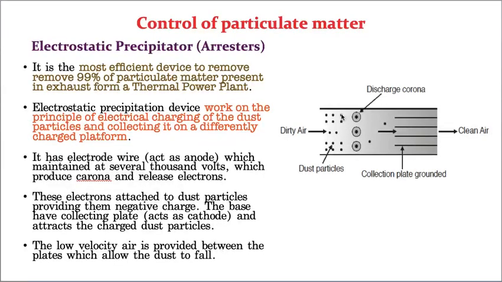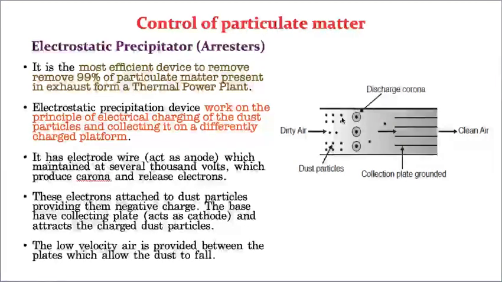Try to recollect my earlier point: this electrostatic precipitator works on the principle of charging the dust particles. Did I say it or not? So please recollect that point. By producing electrons from the corona, these electrons attach to the dust particles, so we are giving charge to these dust particles.